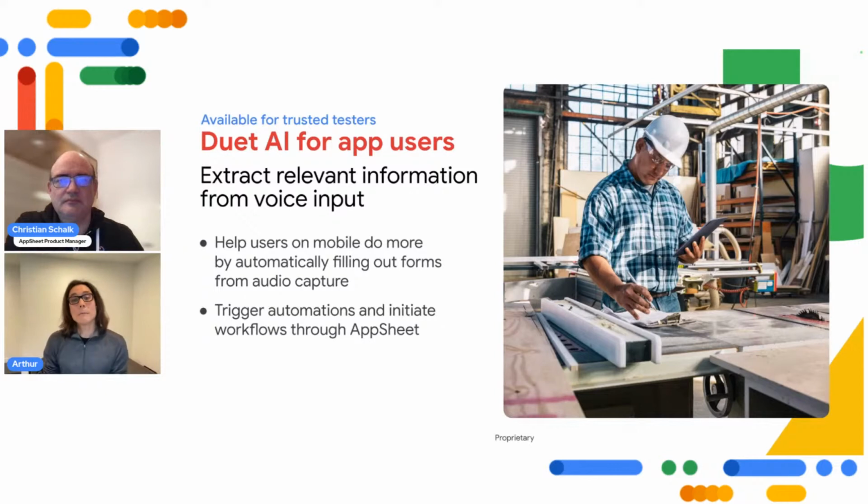So what if instead you could just talk? It's a little bit like when you're writing a text, it's sometimes simpler. But here it's a little bit more evolved in that you can just say essentially in one go all of the information that you need to say, and Duet AI will extract what is relevant and categorize it to the right input.